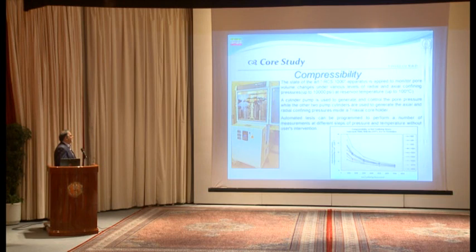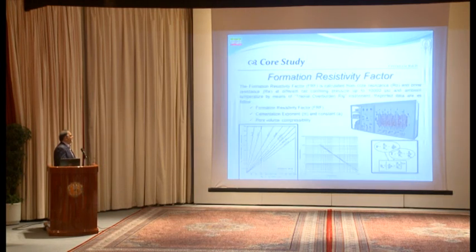For example, 2 scenarios exist for measuring rock compressibility: one is constant pore pressure, the other is constant confining (overburden) pressure. With this system, we are able to measure two types of compressibility factor.